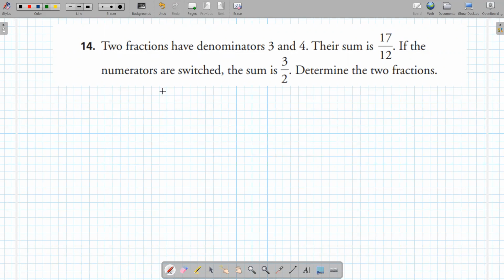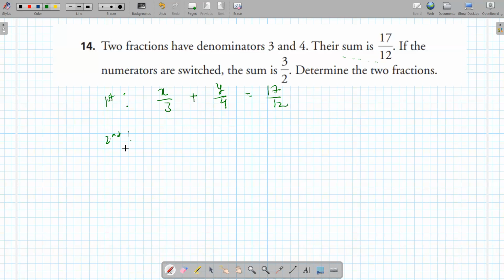So let's say the first fraction is x over 3. The second fraction is y over 4. Look at this. What's the first equation? The sum of the two fractions equals what? 17 over 12.